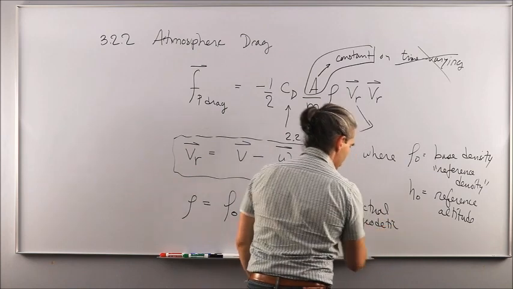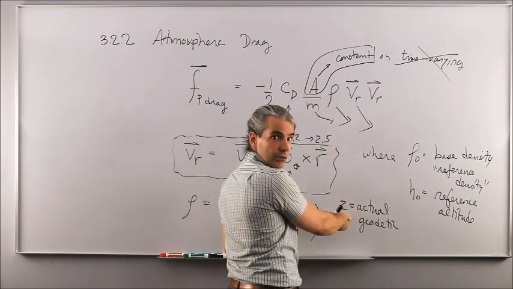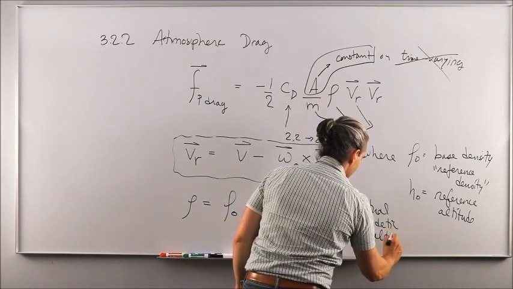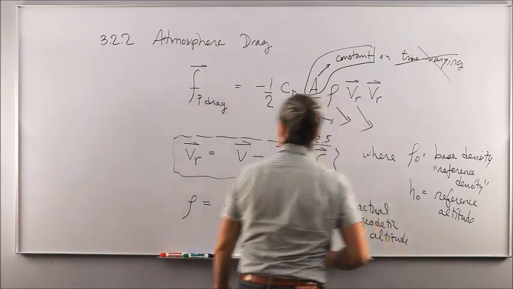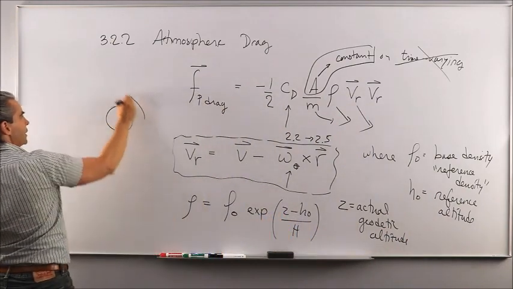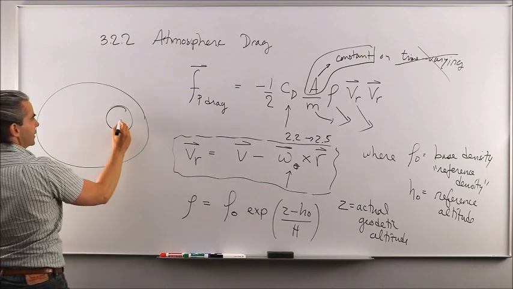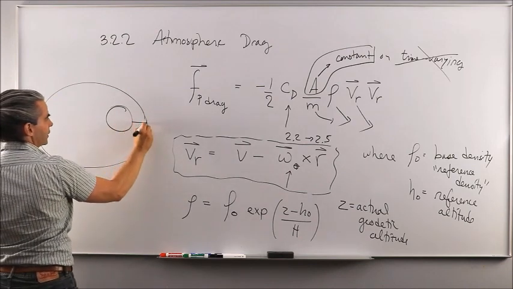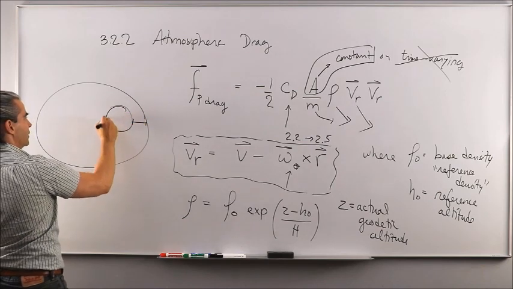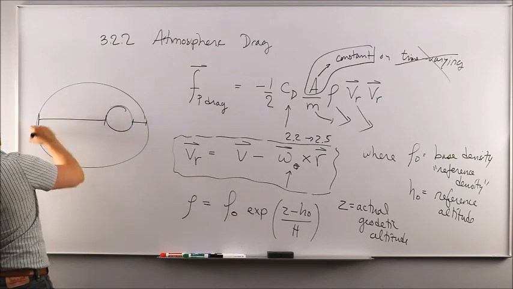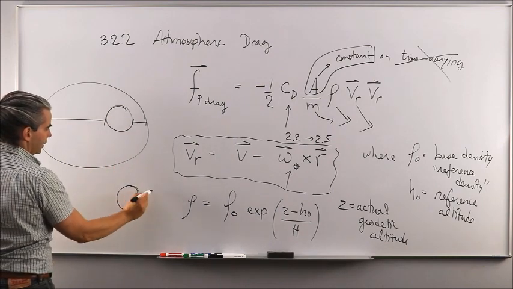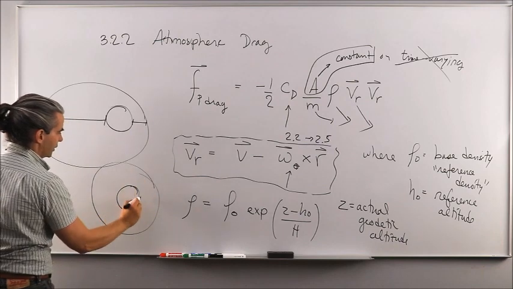geodetic, not geocentric. Remember our discussion we had in the past? So actual geodetic altitude. So that is the altitude above the surface of the Earth. So that is the Earth and that is the orbit. It is not from the center of the Earth, but simply this dimension from the very surface to the orbit, which can vary if you have an elliptical orbit, or which could be constant if you have a circular orbit around the Earth.